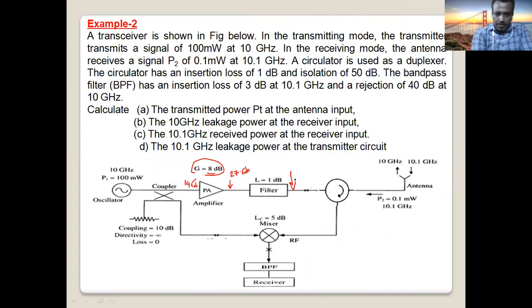Then how much power here? We lose 1 dB, so 27.5 minus 1, it will be 26.5 dBm.